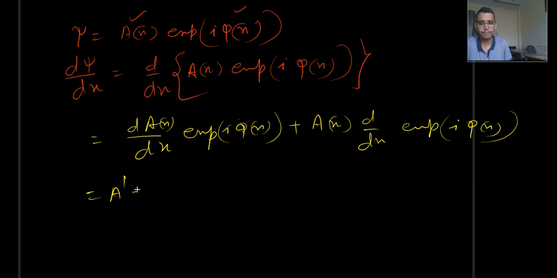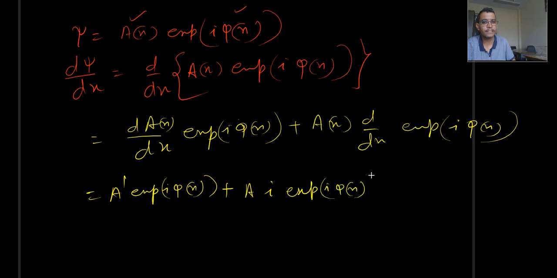So it can be written as, a prime represents the derivative with respect to x. So a prime exponential of iota phi x plus a times, again, iota exponential of iota phi x, and again the derivative of phi x, and iota can be taken outside.